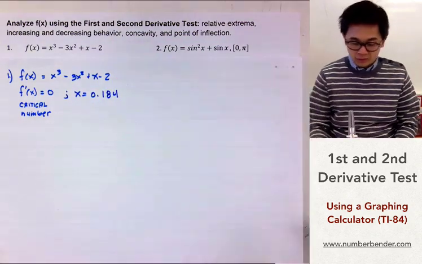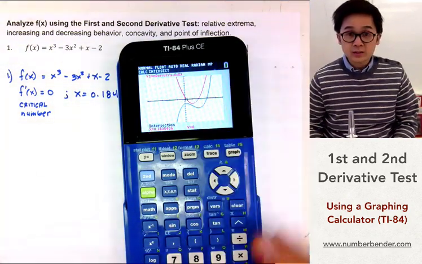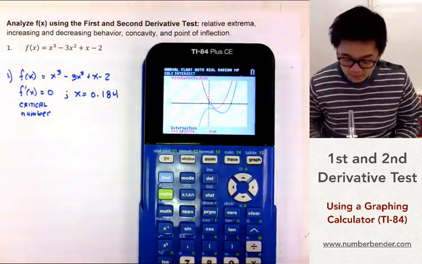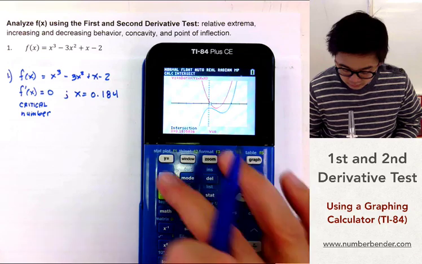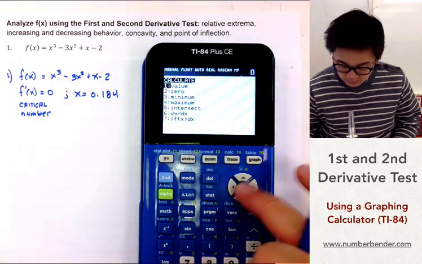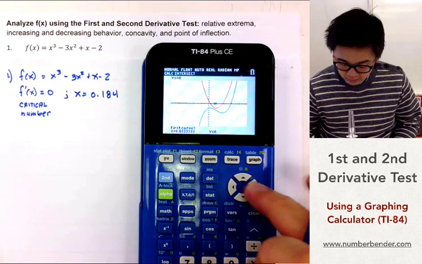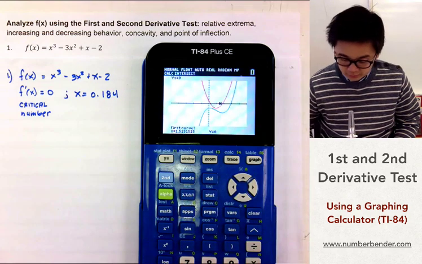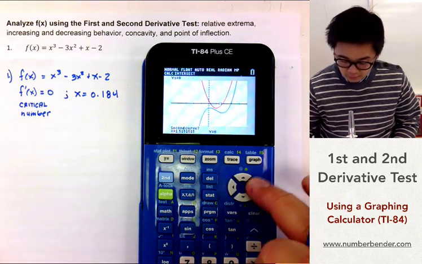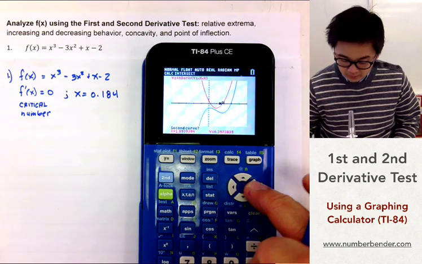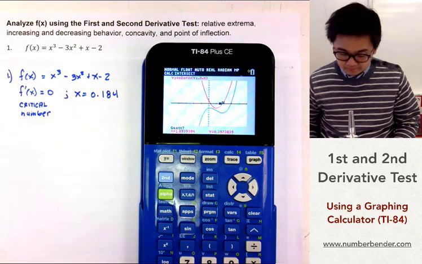And for the second intersection, we'll find our second critical number. So just push second, function trace, and go to intersect. Just like what we did, we're going to move this closer to the point of intersection on the red graph.